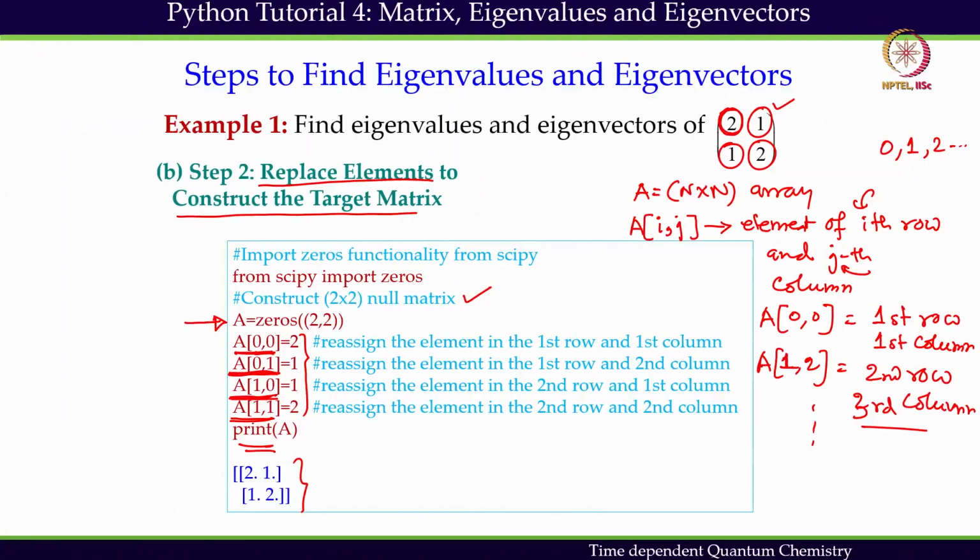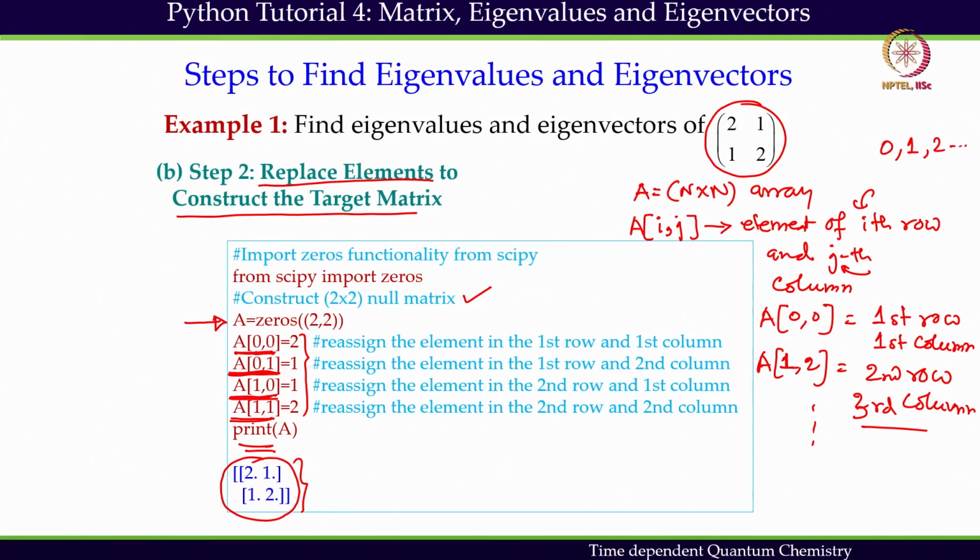So I'll go back to the slide. I have constructed now this entire matrix, and the way Python shows it with the help of arrays, this matrix will be represented in Python with the help of double brackets. And we have constructed the matrix right now.